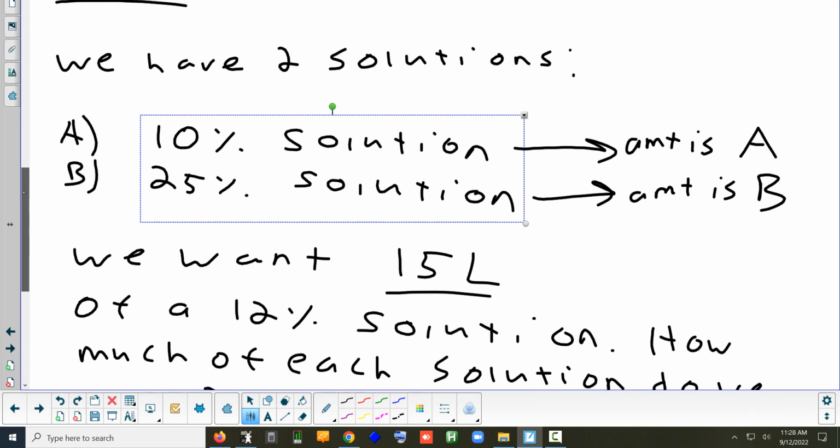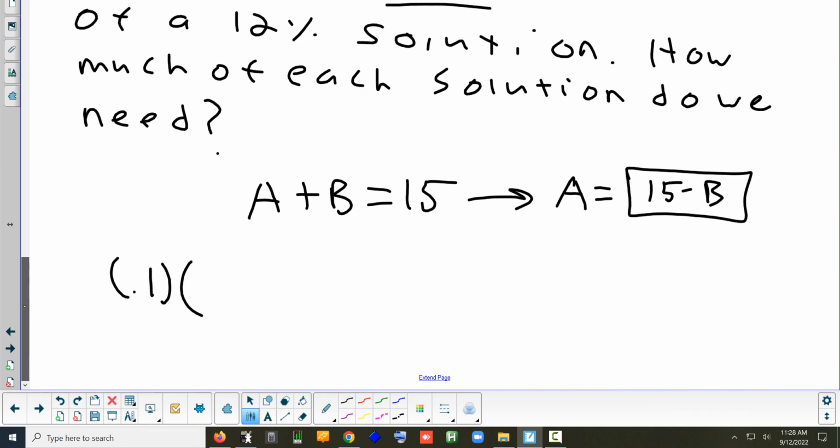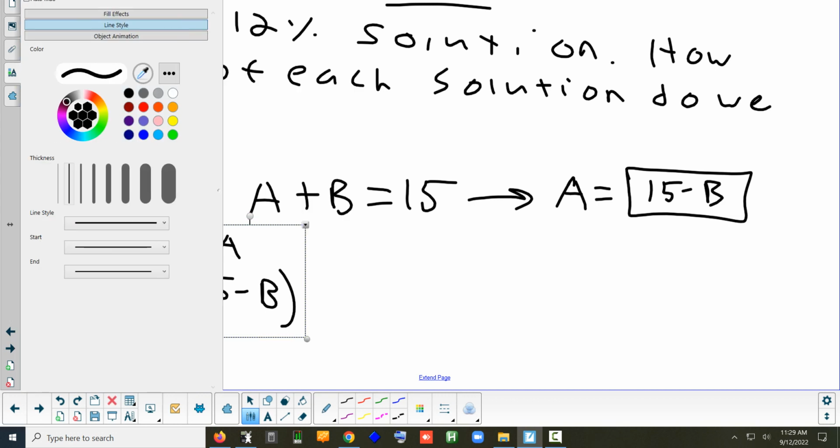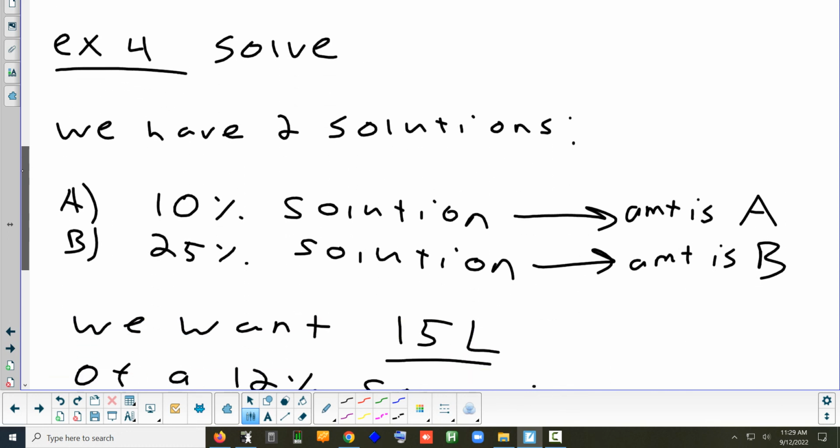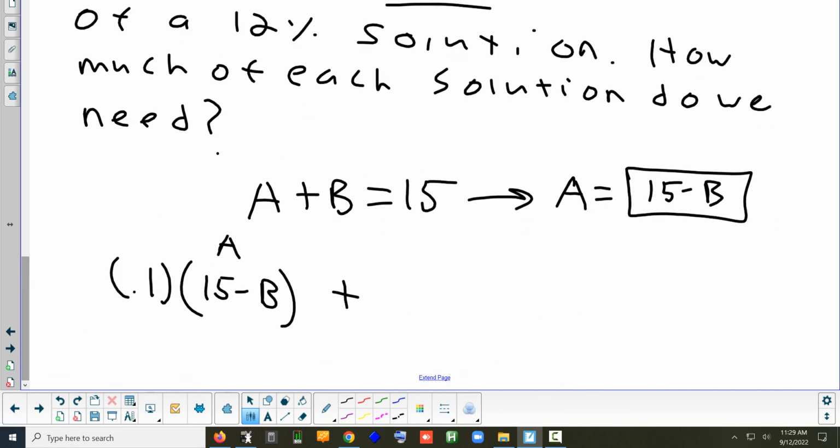We're going to use A of it, but A is how much? 15 minus B. And that's really A. So it's the concentration of the first solution times how much we use of the first solution, plus what's the concentration of my second solution? 0.25 times how much of my second solution? We're using B.